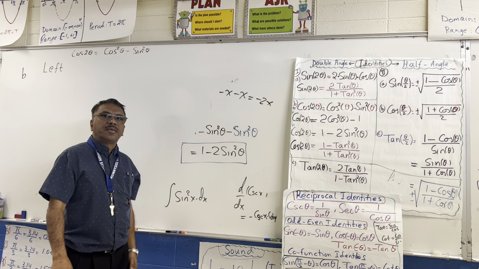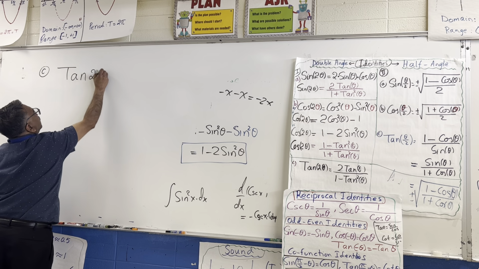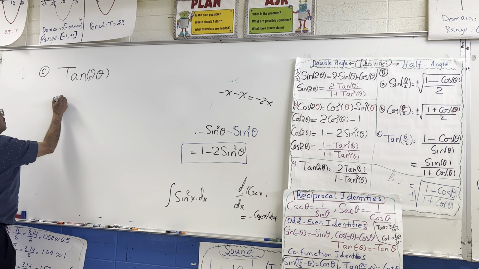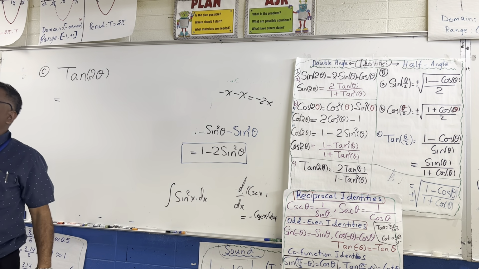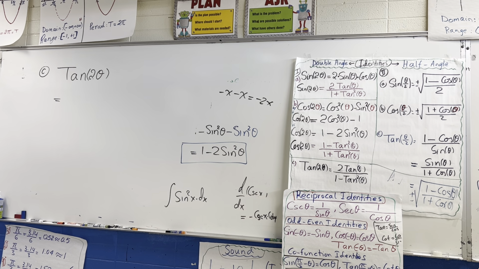Now, let's see tan, we want to prove tan 2 theta, and that is C, right? So let's write C. So the double angle formula, what is tan 2 theta? And Valerie, I want you to come do this. So same thing, instead of 2 theta, what do you got?